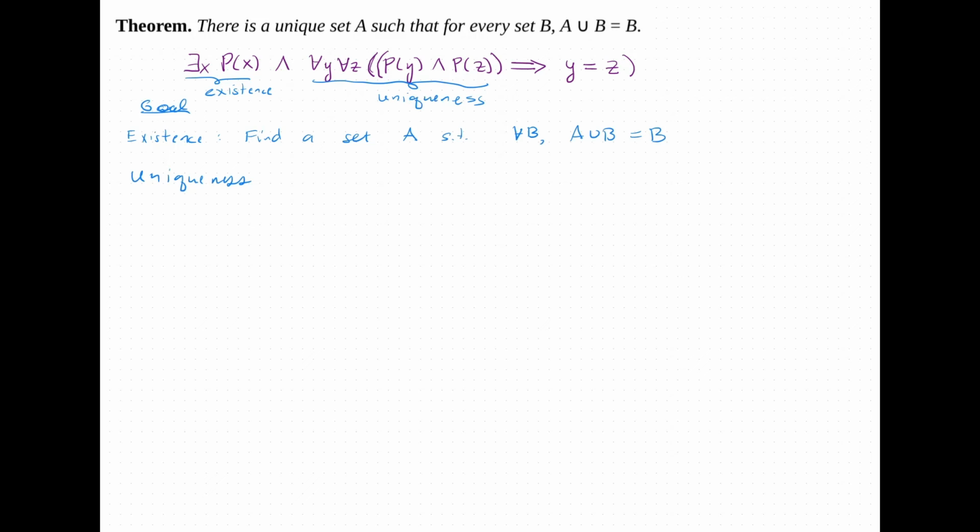Now, the way that we're going to go about uniqueness is by choosing another set. Suppose that there was some set out there.